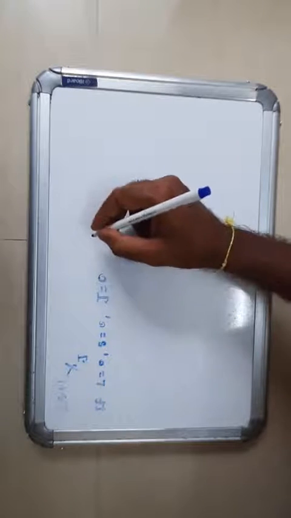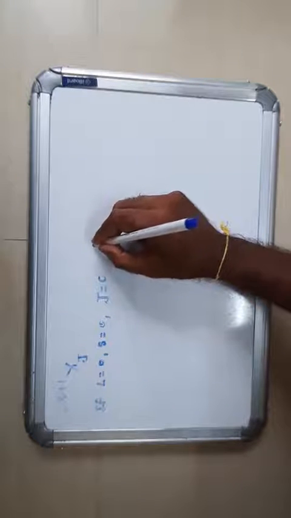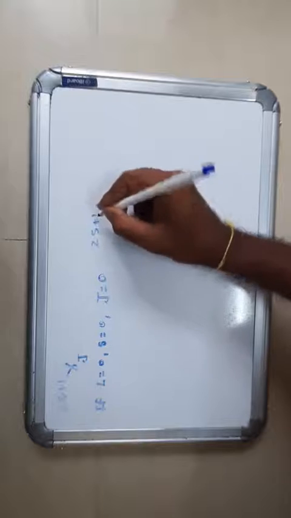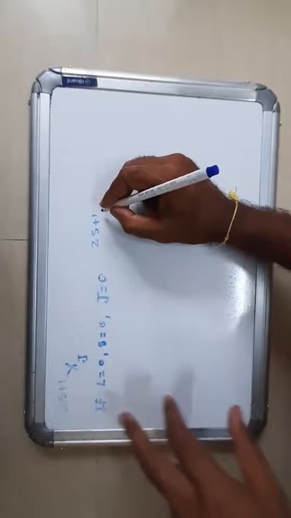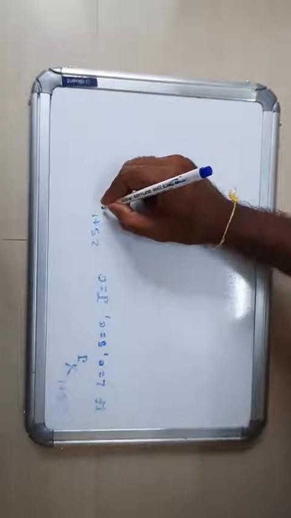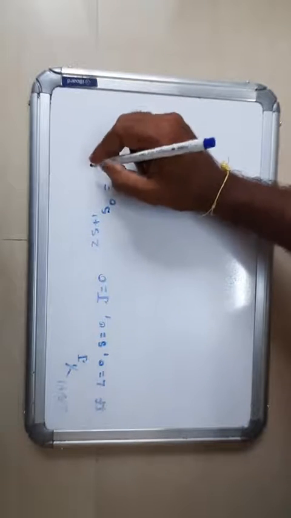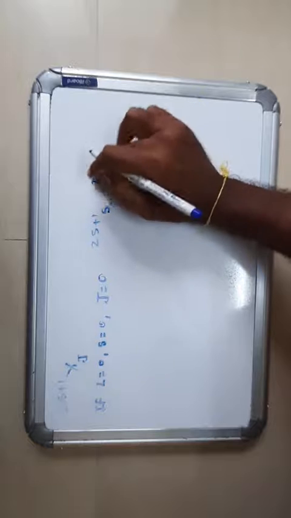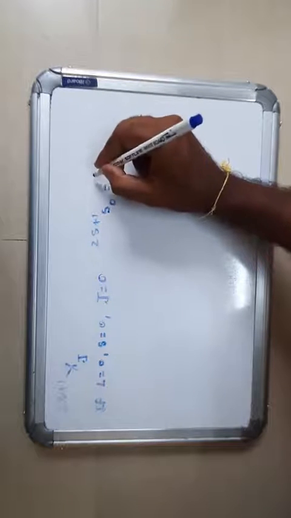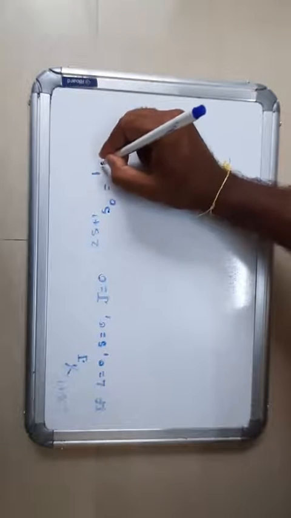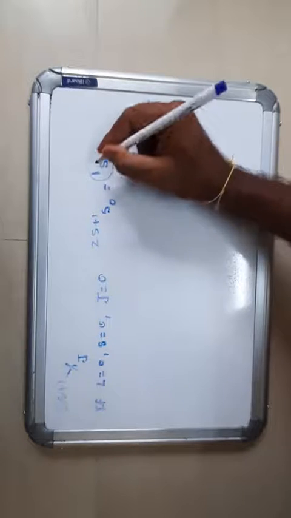The spectroscopic term is 2S plus 1, with L equal to 0 meaning S, and J's value 0. So 2S plus 1 is 1, giving 1S0. This is the spectroscopic term.